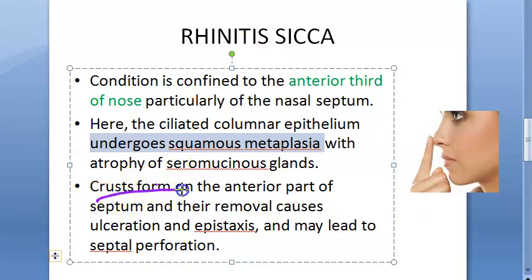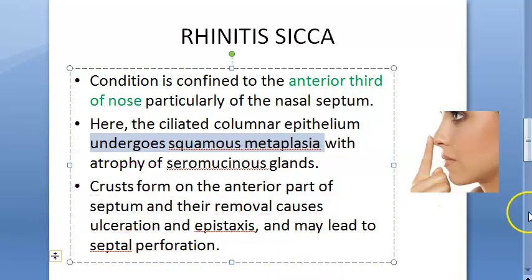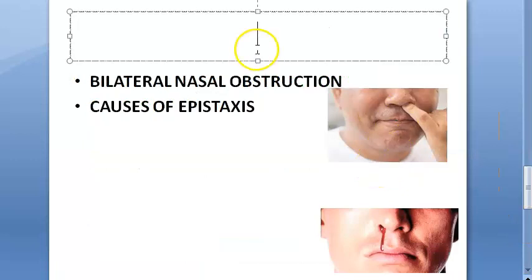Okay, let's continue. Crust forms on the anterior part of the septum. So again, anterior part of septum, what is forming? Crust, and when they try to remove it, there will be ulceration and epistaxis, and it can also lead to septal perforation. Let's go forward, we'll understand. What are we looking at?